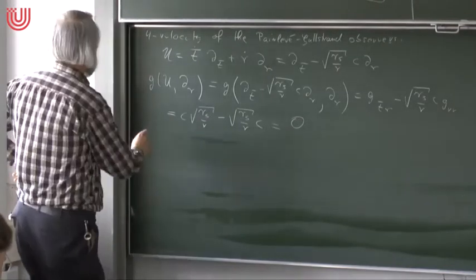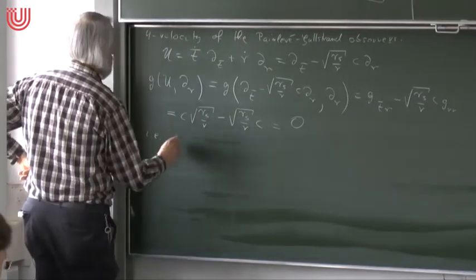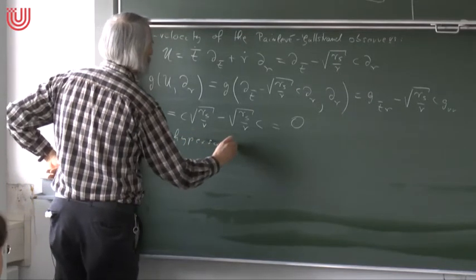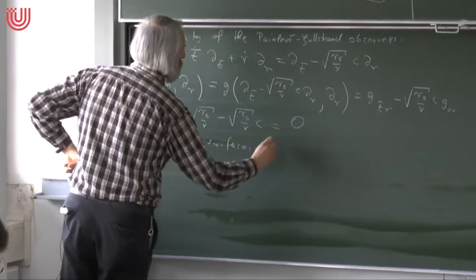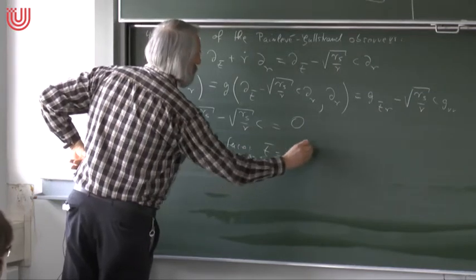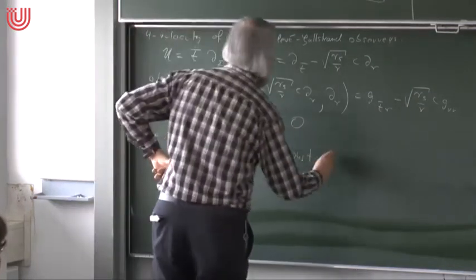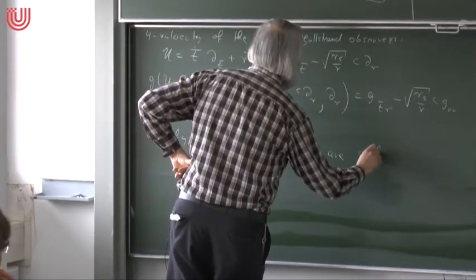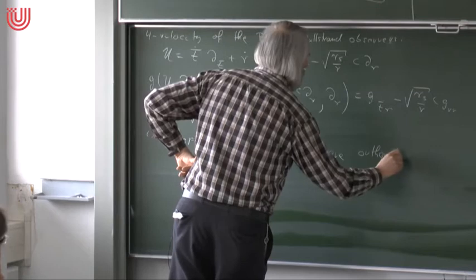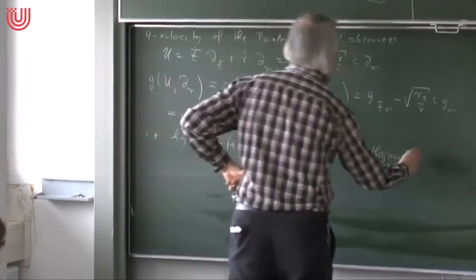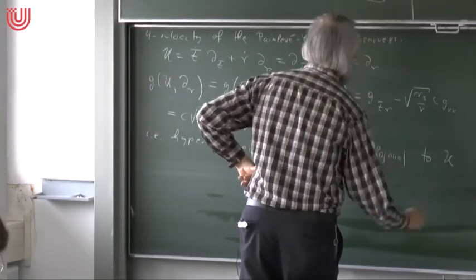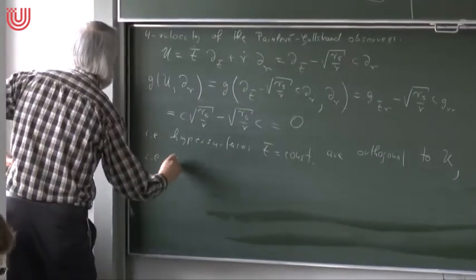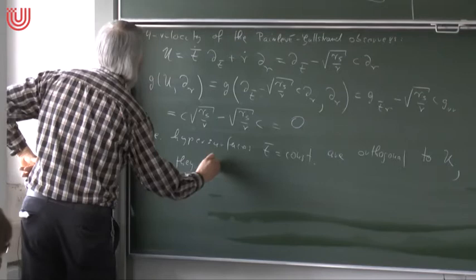So this means that the hypersurfaces t bar equal constant are perpendicular, or orthogonal, as you like to put it, to u. And this can be interpreted as saying they are the local rest spaces.